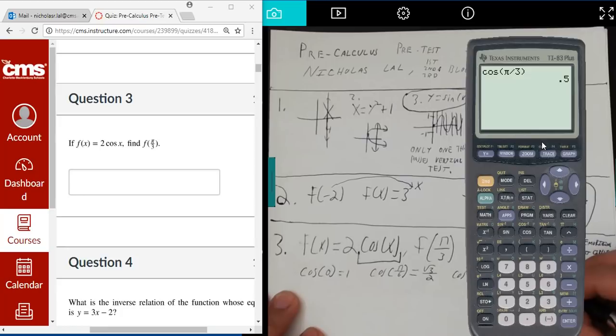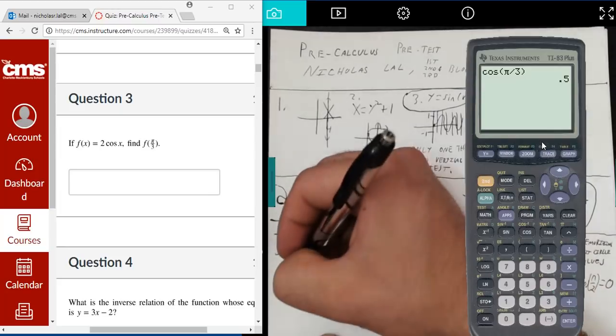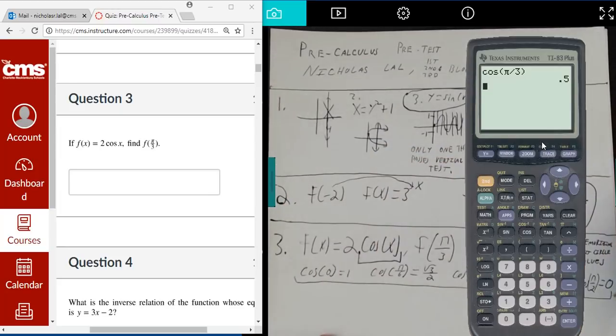And then the cosine of pi over 3 is going to be 1/2, and then the cosine of pi over 2 is going to be 0. Alright? So there are some critical cosine values to memorize.